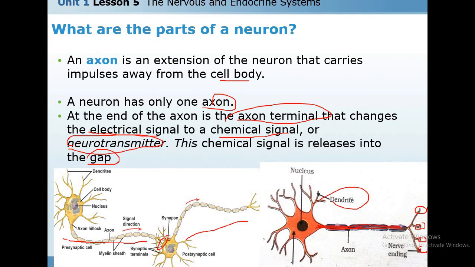The neurotransmitter can move through this gap to reach another nerve cell. The electric signal cannot move through this gap, but the chemical signal, or neurotransmitter, can move across it to pass from one nerve cell to another.